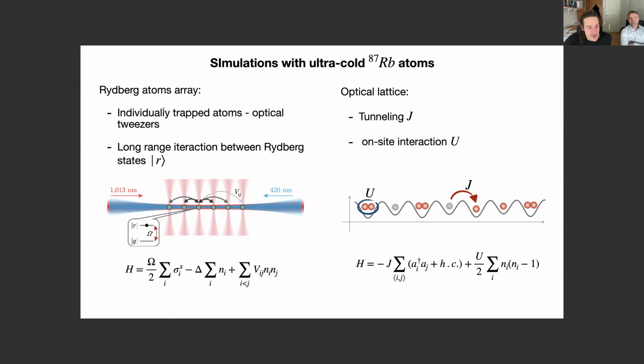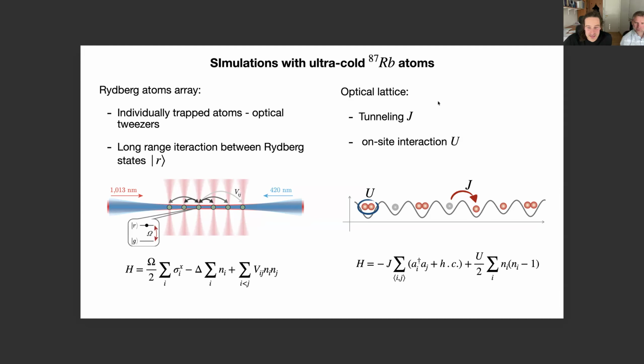One experiment uses the technology called Rydberg atoms. They individually trap the atoms in optical tweezers, and then they have lasers, these two lasers of different wavelengths, that they use to connect the ground state to a very excited state, which is the Rydberg state, okay?